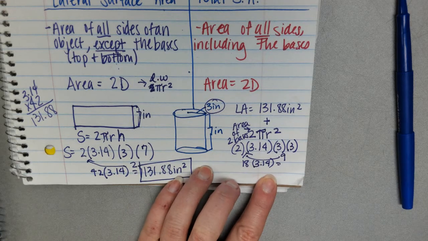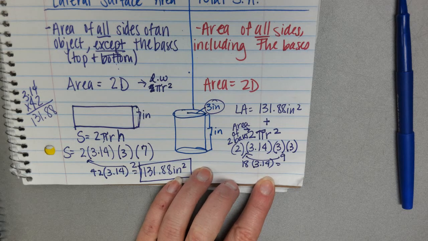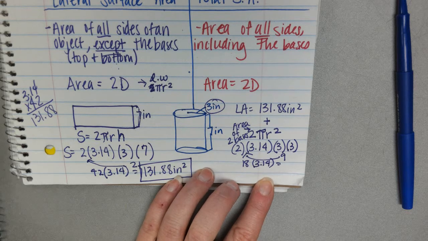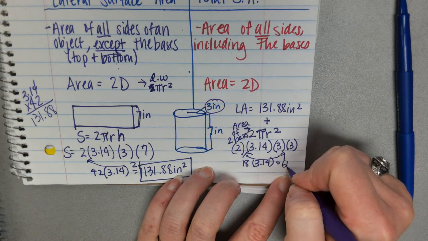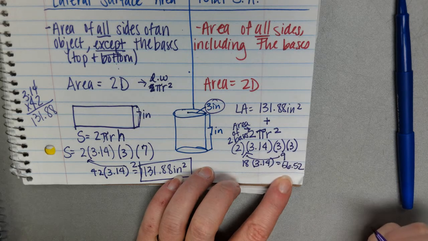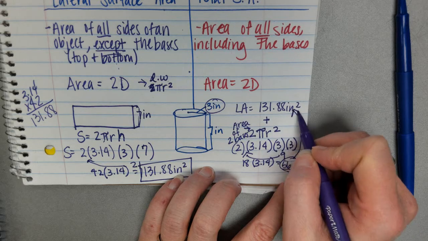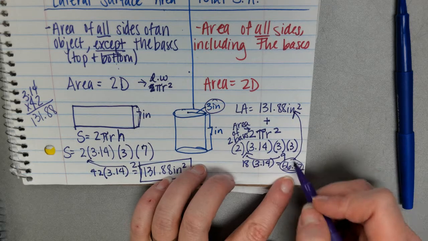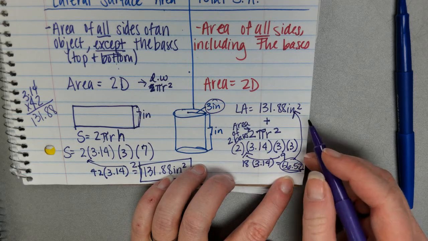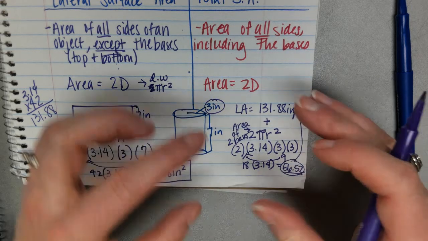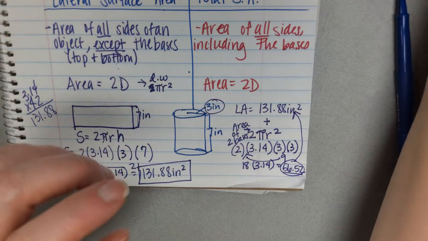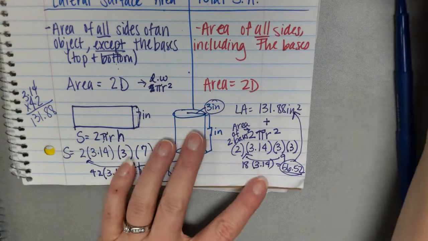And that is 56.52. Okay? Alright, so we have to add this to this, remember? Because this is the area of the top and bottom bases. Then we need to add that back to the lateral area, which was just the side part of our can.